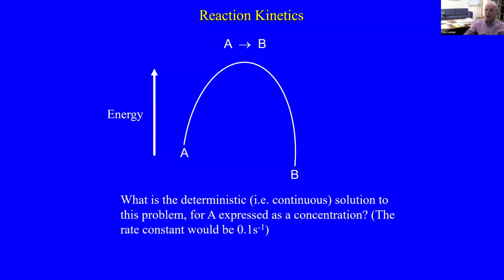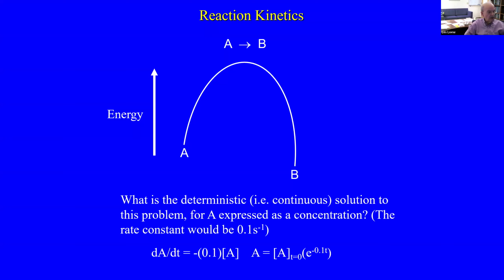But if there are a large number of molecules, and we know that the probability is 0.1 per second, for example, then we can solve that deterministically. We can write down a differential equation.